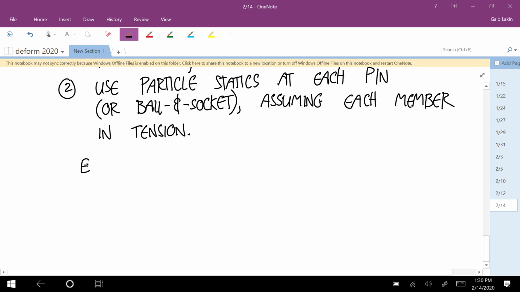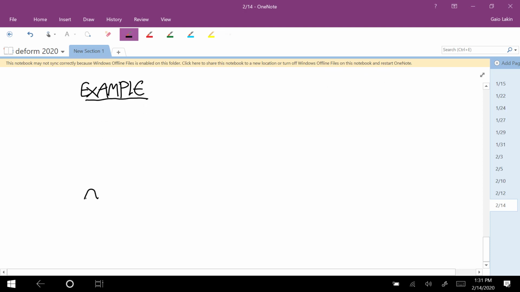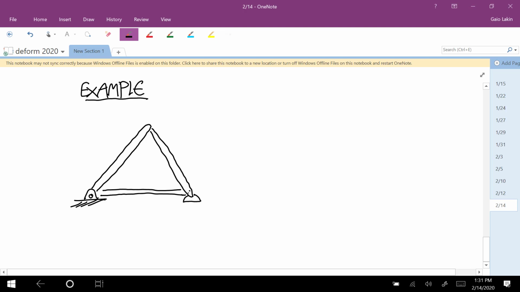Okay, so let's say this is our truss. That looks a little crooked, but it's supposed to be an equilateral triangle. These are all pin joints, and then this is a roller over here.